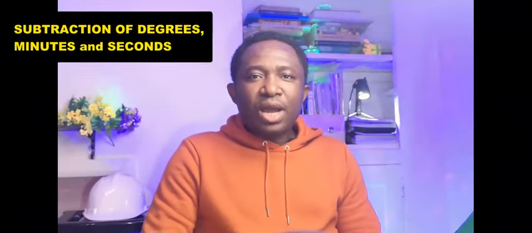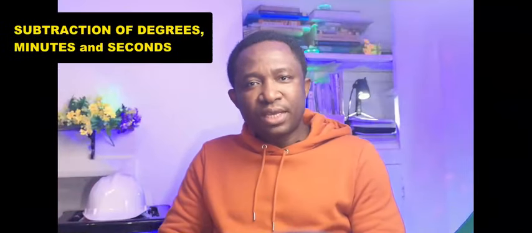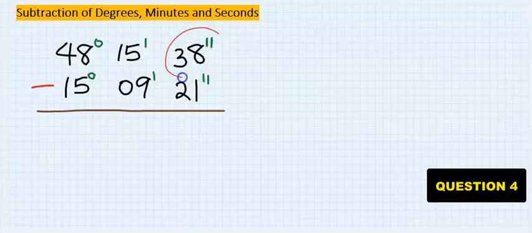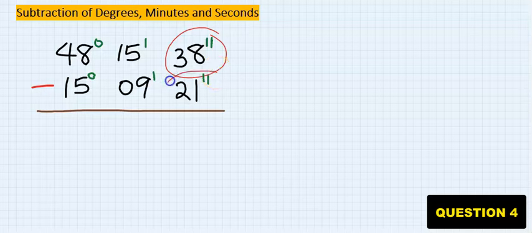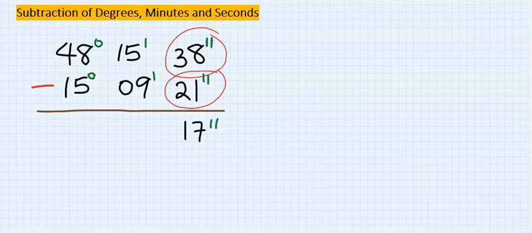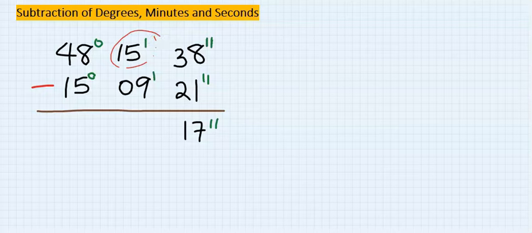Next, let's look at the subtraction of degrees, minutes, and seconds. 38 seconds subtract 21 seconds. You have 17 seconds. Next, consider 15 minutes, which is greater than 9 minutes. If you do the subtraction, you are going to get 6 minutes.